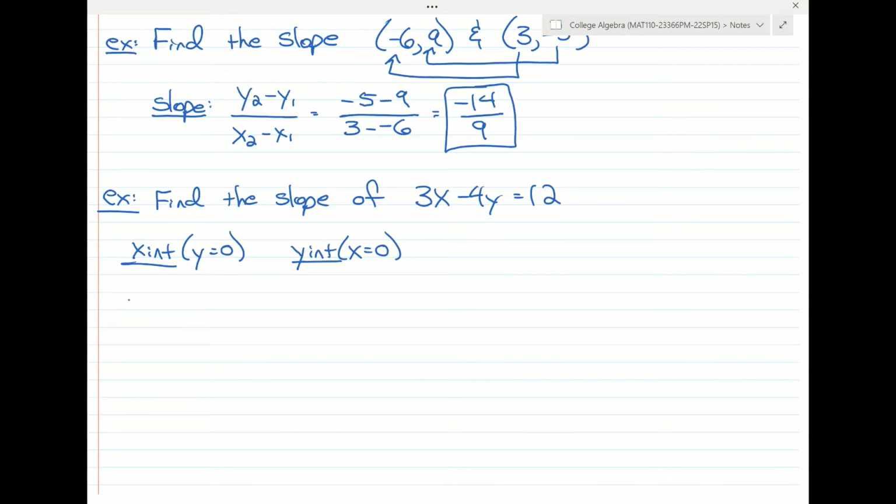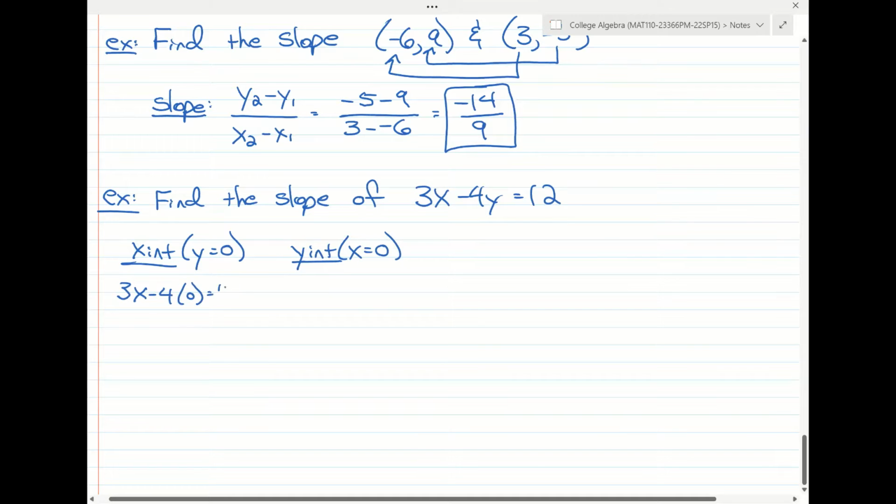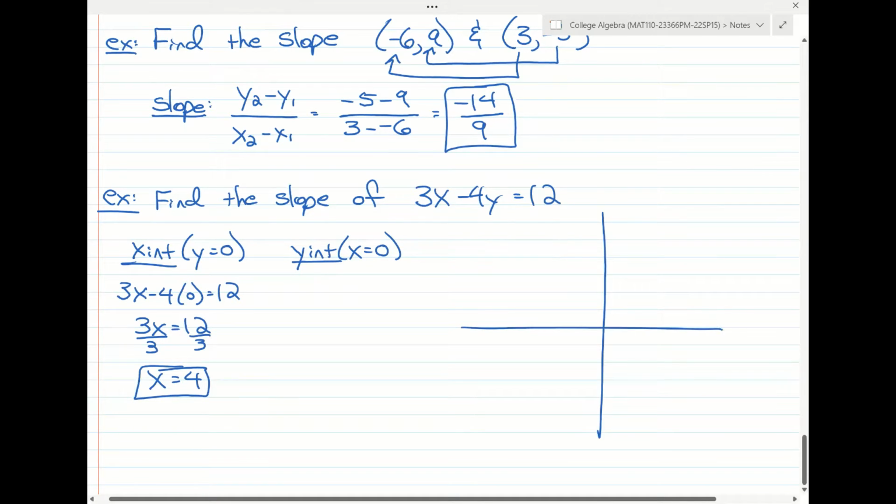We put 0 in for y, we get 3x minus 4 times 0 is equal to 12. 3x would be 12. Let's get x is 4. What that means is when we go to graph it, the x-intercept is 4, which is right here.